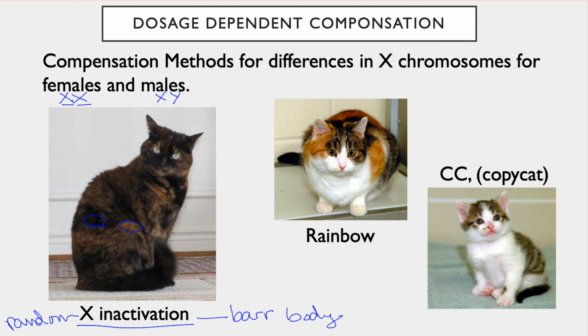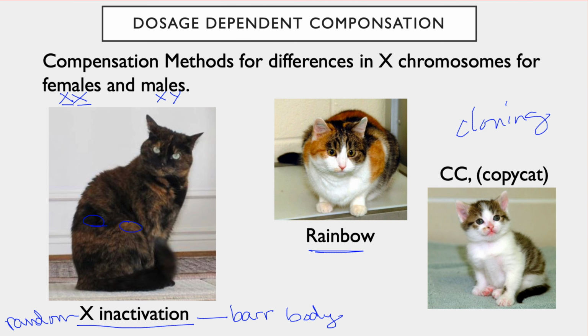An interesting way to show this is through the process of cloning. Some researchers at Texas A&M University in College Station took the cat Rainbow, who has several different colors in her coat, and cloned this organism using nuclear cloning, and created the kitten born here called Cece, short for copycat.